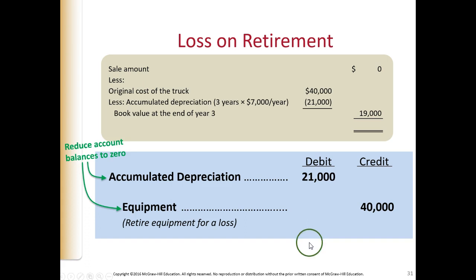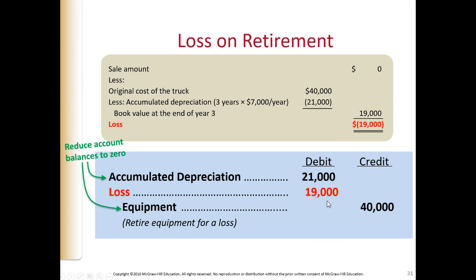If we decide just to retire, in other words, just throw the item away, just give it away or throw it away, we get no cash for it. We still have a book value of 19. That means the loss is 19. Remove the accumulated depreciation, remove the equipment, and the entire book value is the loss. We did not receive a penny for it.